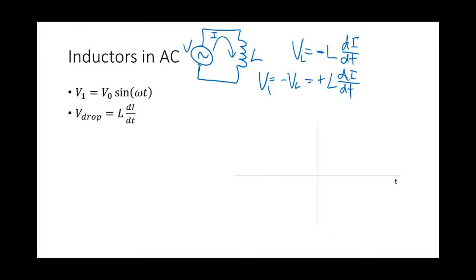So then we know that the V drop is equal to L di/dt. If we want to solve for I again, we would integrate with respect to time on both sides. Actually, we'll swap the L over. So V over L, and then we integrate to get simply I, which means that we would integrate V0/L sine omega t dt.